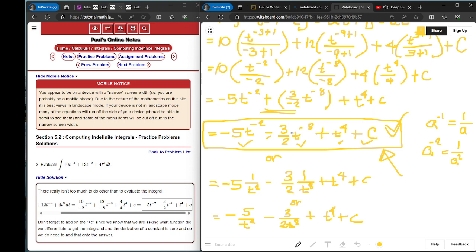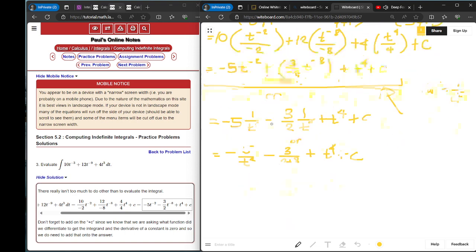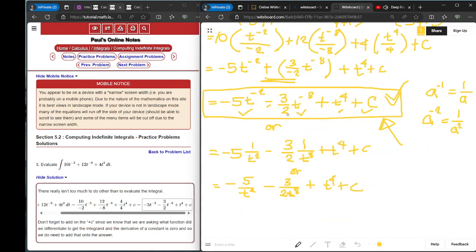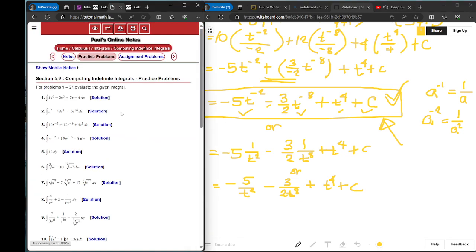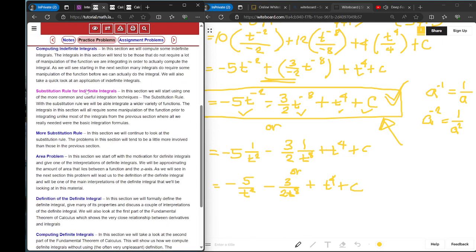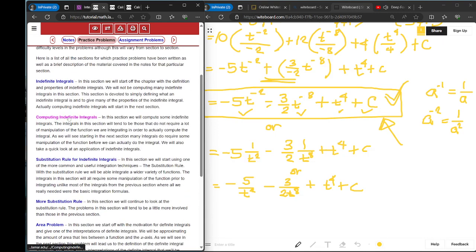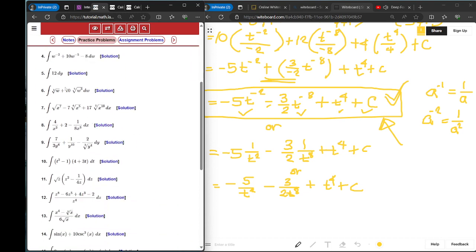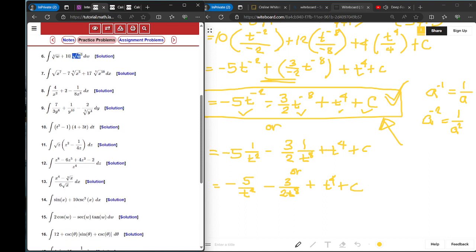So that's it. This is the first part of my review in math, especially calculus. Tomorrow I think I'll continue solving, but the problems would now be on the substitution rule for indefinite integrals, because there are problems such as square root, cube root, fifth root.